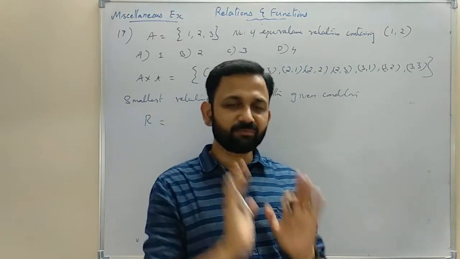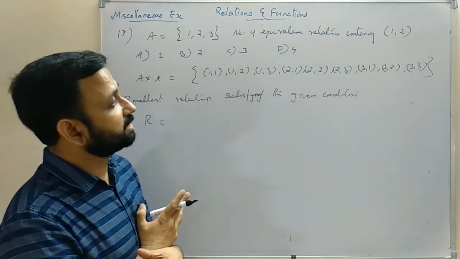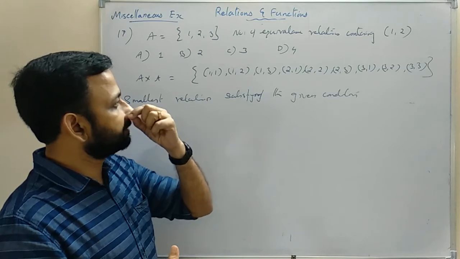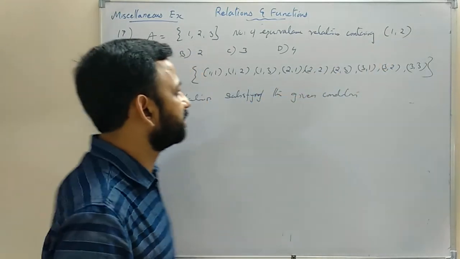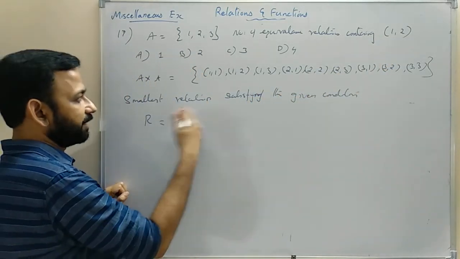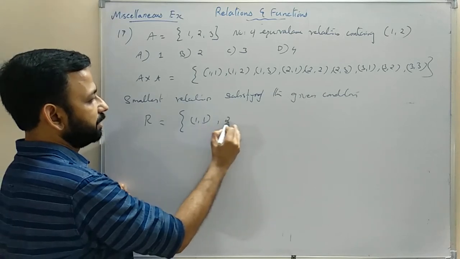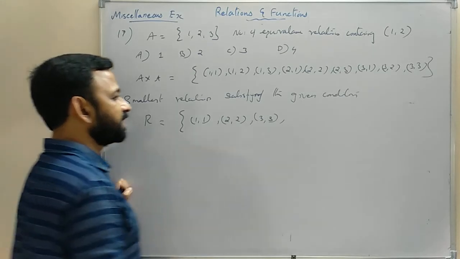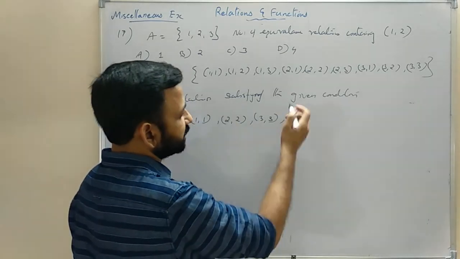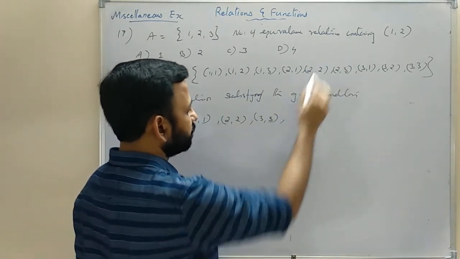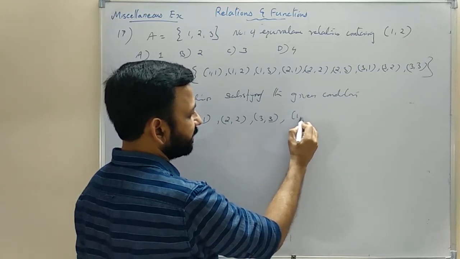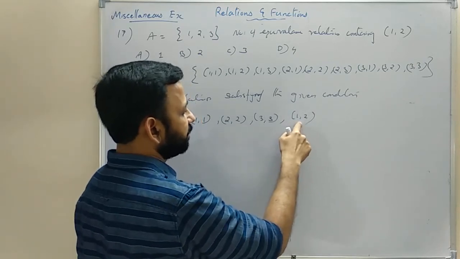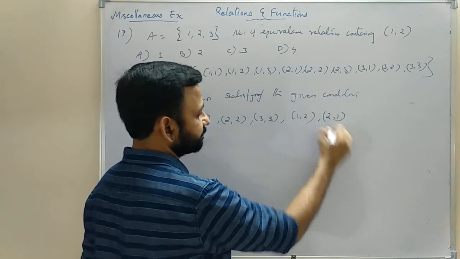That means it is reflexive, symmetric, transitive, and (1, 2) is an element. So we can write reflexive: (1, 1) should be there, (2, 2) should be there, (3, 3) should be there. Then symmetric and transitive. Then the ordered pair (1, 2) should be an element. If the ordered pair (1, 2) is there, then (2, 1) should be there.